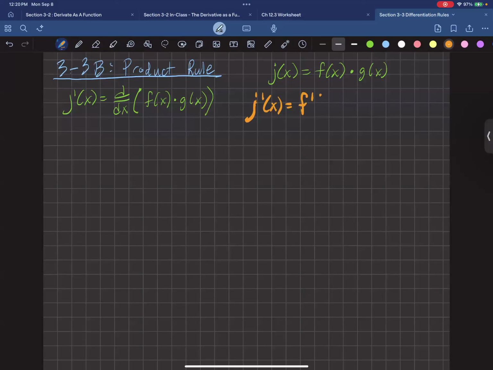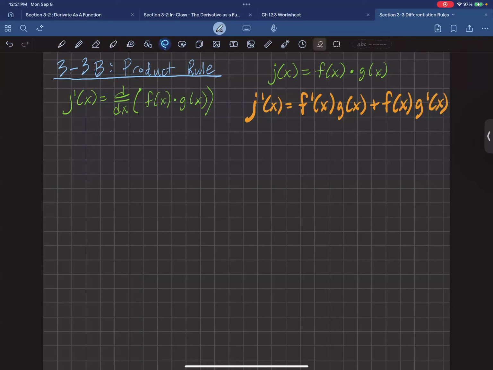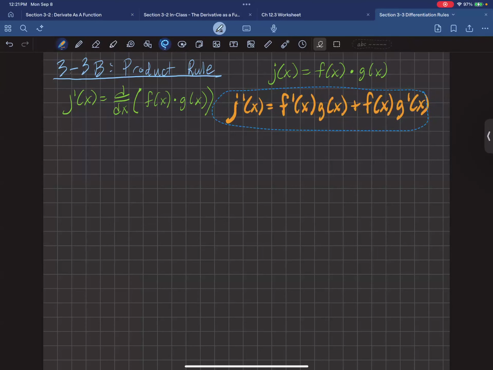You take the derivative of the first one and leave the second one alone. And then you add it to leaving the first one alone and the derivative of the second. Okay? I move this to the right a little bit so I can box it in purple easier.